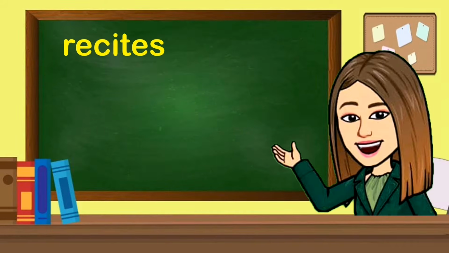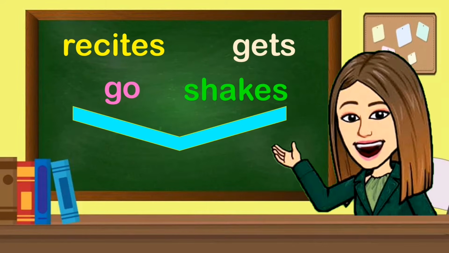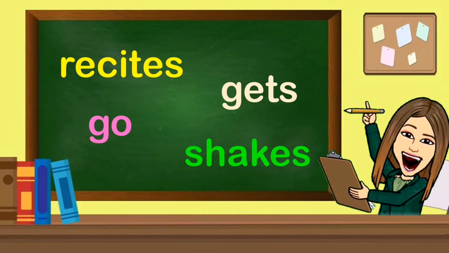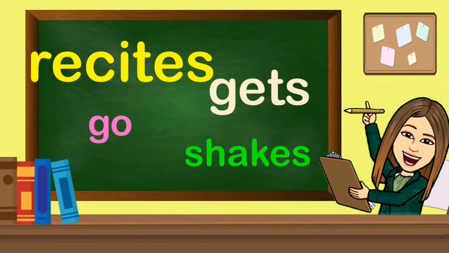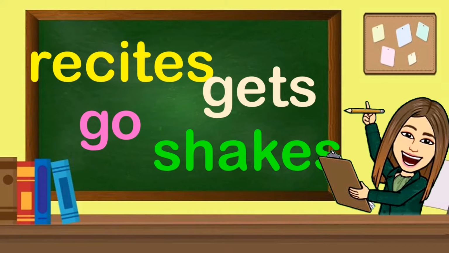The words recites, gets, shakes, and go are known as action words. These words used in the sentences express actions in their simple present tense. Notice that the words recites, gets, shakes, and go are written in their simple present tense either in S form or simple form depending on the number of the subject.